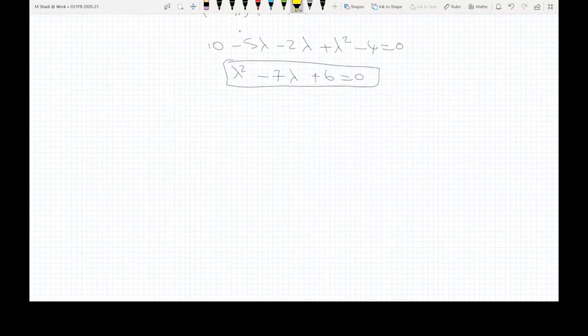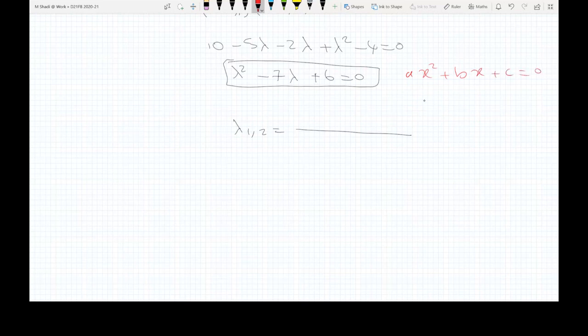So to solve a quadratic equation, just like I said last time, you have 2 roots for the quadratic equation. It is lambda 1 and 2 are equal to, and for the quadratic equation, I'll just write it again here, ax squared plus bx plus c is equal to 0.